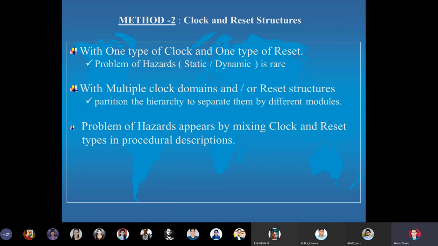In such a case, in order to minimize the problem of hazards, we are advised to use only one clock. So there is one system clock which operates at, say, 3.5 or 4 gigahertz, and this clock is sitting in one corner of the architecture, and we want the edges of the clock to reach all the sequential modules which are clock triggered.